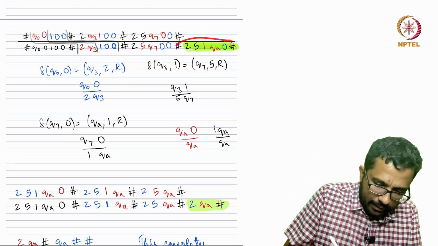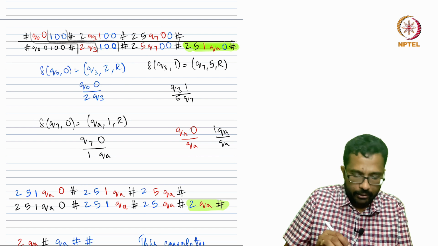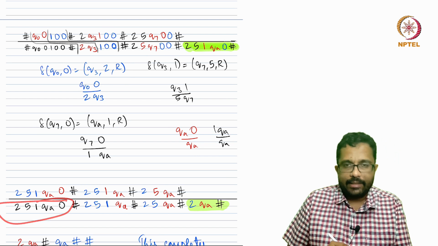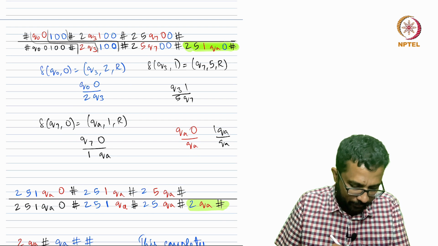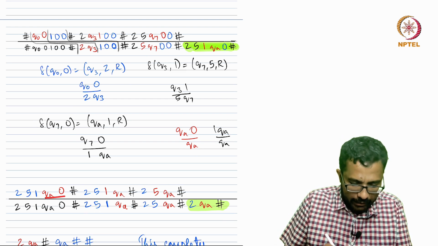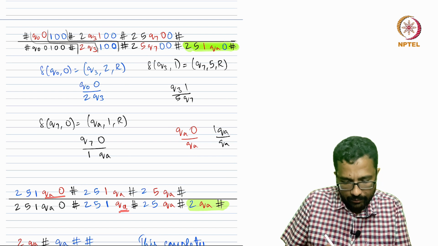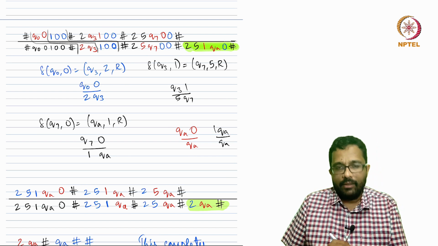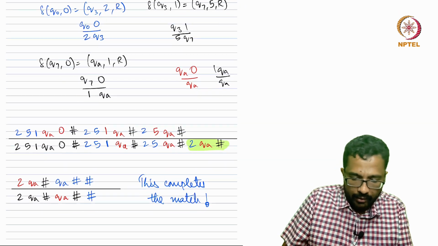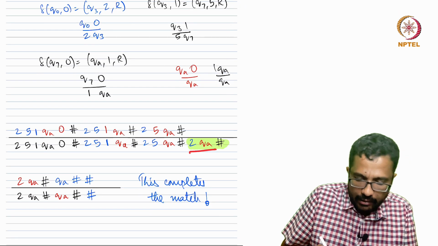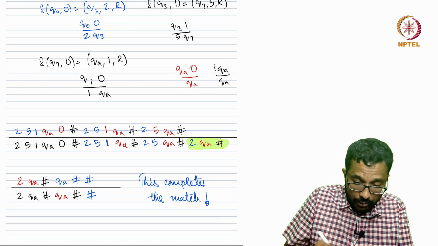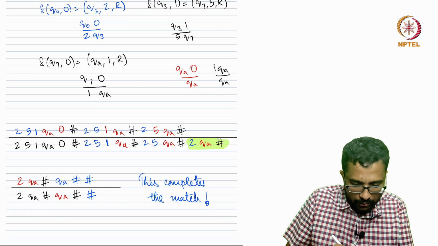So initially we had this here, 2 5 1 QA 0 in the bottom. So we started off with this extra in the bottom in the second line. So now 2 5 1 and the QA 0, the 0 is eaten by the QA, right? So the next time we have just 2 5 1 QA, and then the 1 gets eaten by the QA. So the next time we have 2 5 QA, and then the 2 gets eaten by the QA. So now next time we have 2 QA, and finally 5 gets eaten, and then the 2 also gets eaten.